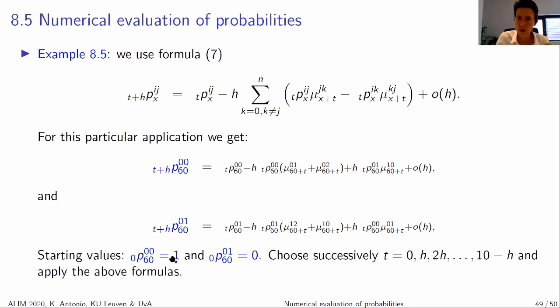That condition is equal to 1, because we're going to start with a healthy policyholder. On the other hand, 0p01 is going to be 0, because you can only occupy a single state at time 0. Using these boundary values, we're going to take small steps and solve these numerically, using the expressions that are valid for our transition intensities.